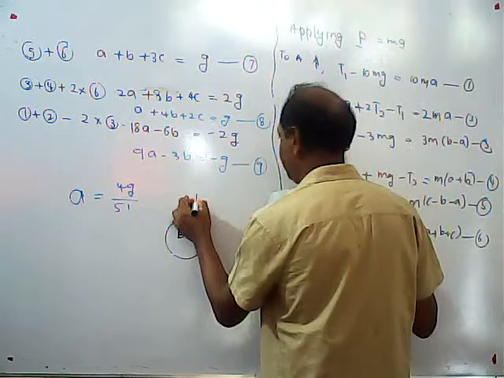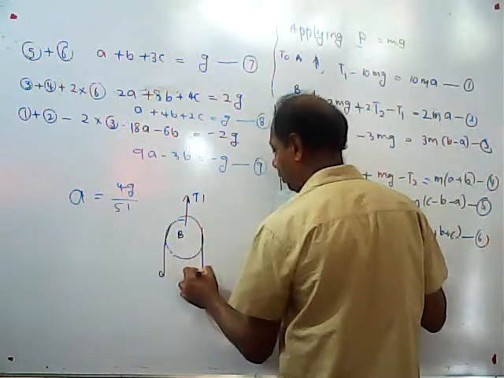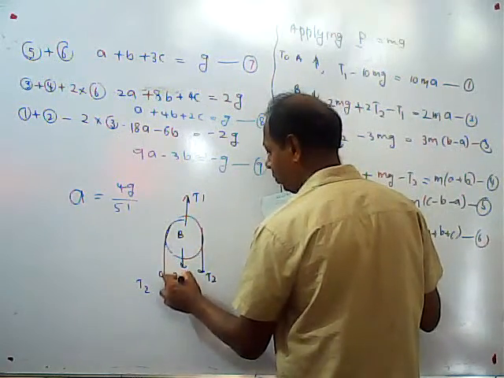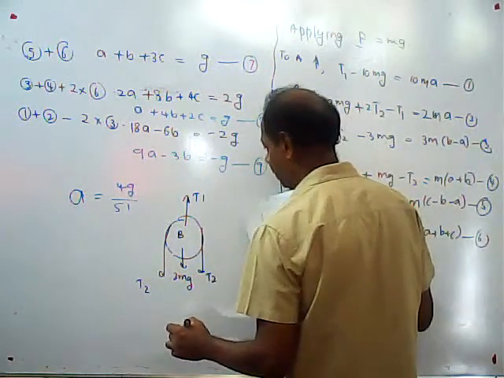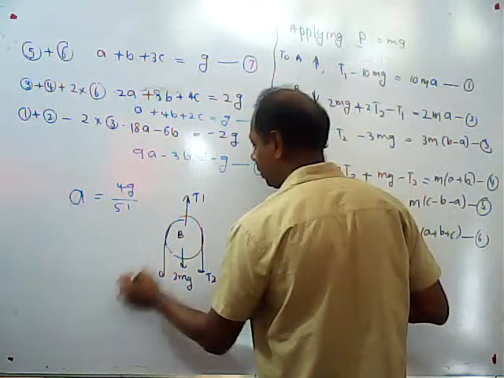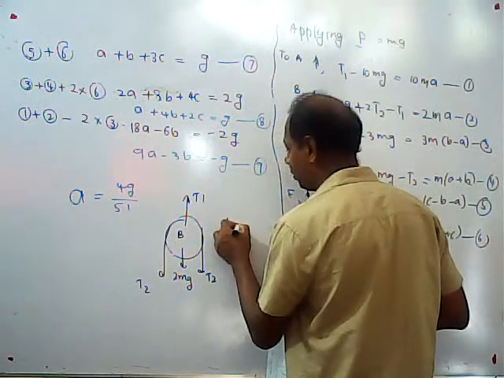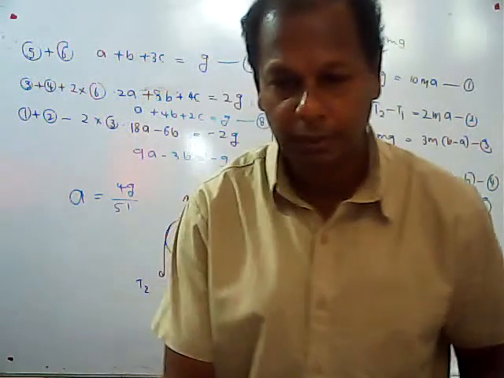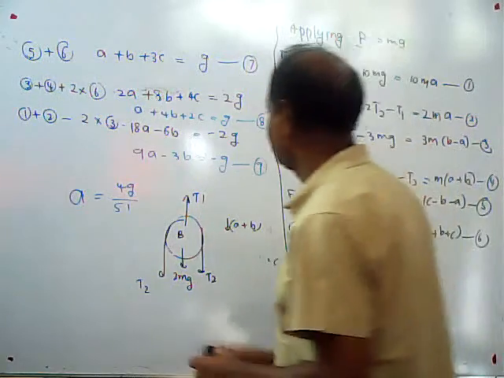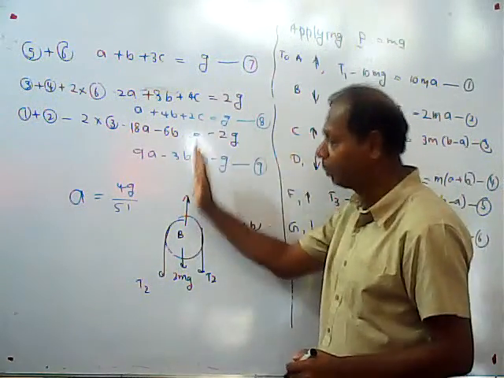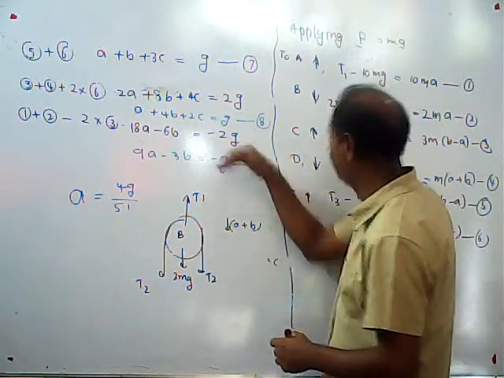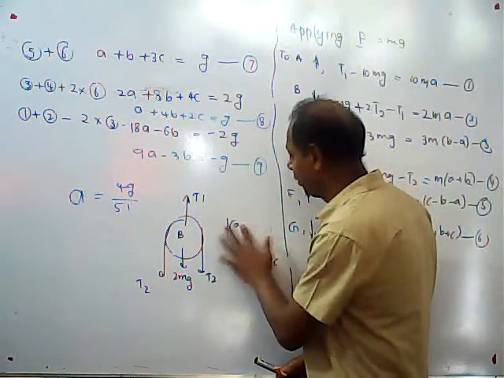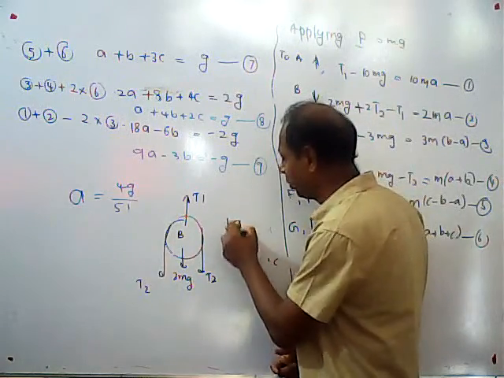Forces acting on B: T1, T2, T2, and 2mg. Acceleration, I wrote, if I'm not mistaken, downwards A plus B. Equation of B is, sorry, acceleration of B is just A coming down.